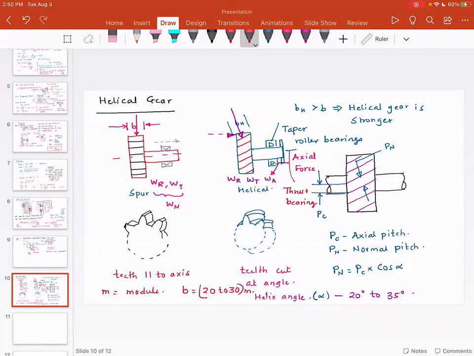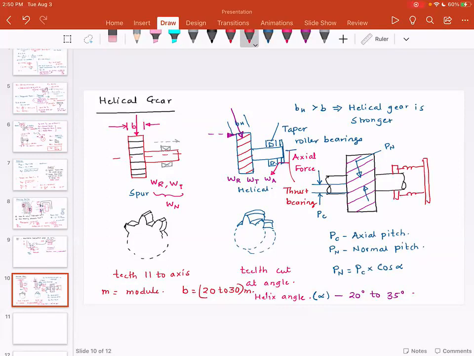Now in certain cases, you want to have axial thrust. I'll give you a very simple example. Say the helical gear is the last gear in the gear train, and this shaft is attached to springs and then attached to a clutch plate.